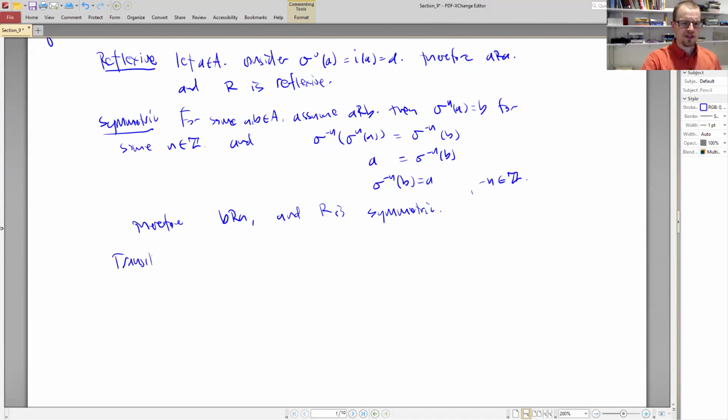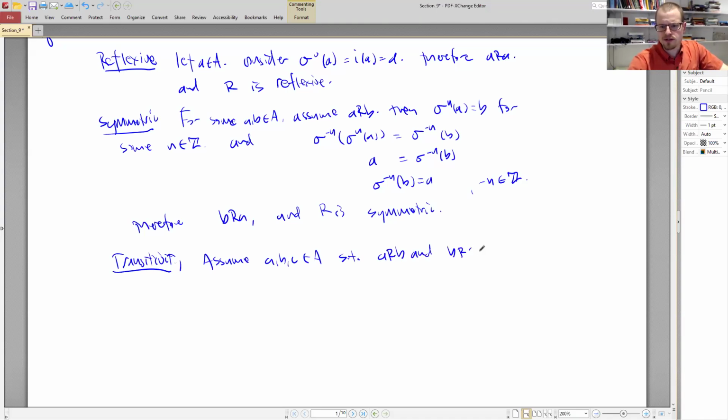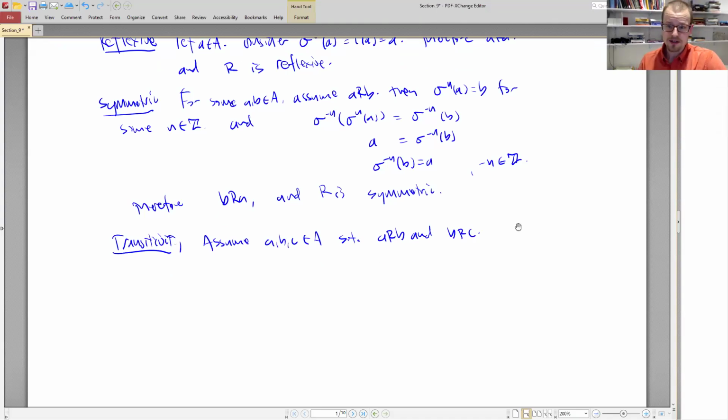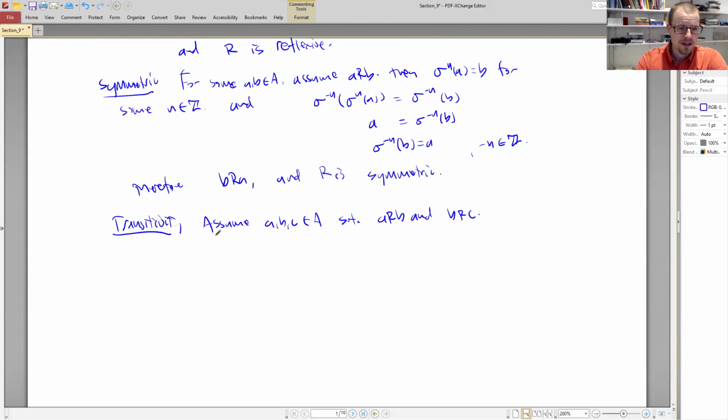Transitivity means that if a is related to b, and b is related to c, then a is also related to c. So assume that a, b, and c are in the set A such that a is related to b and b is related to c. This is not too bad now.